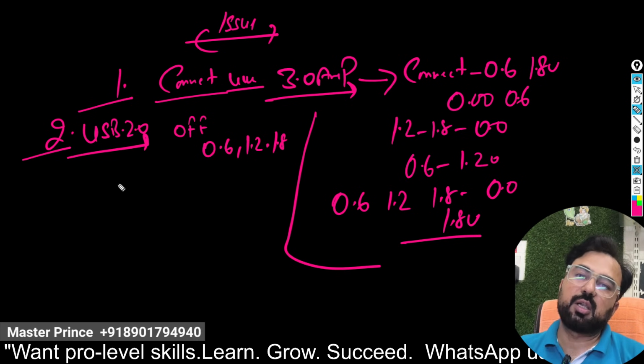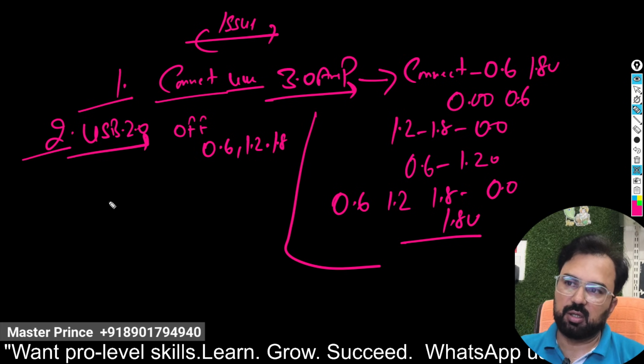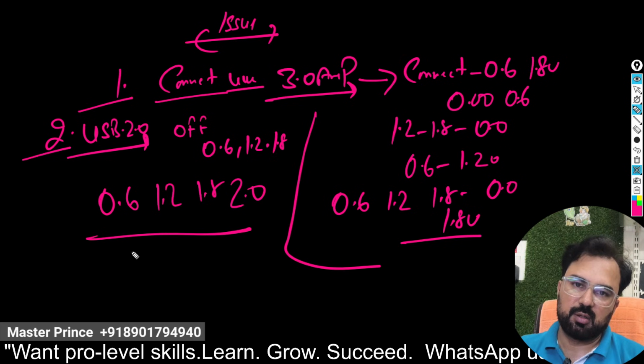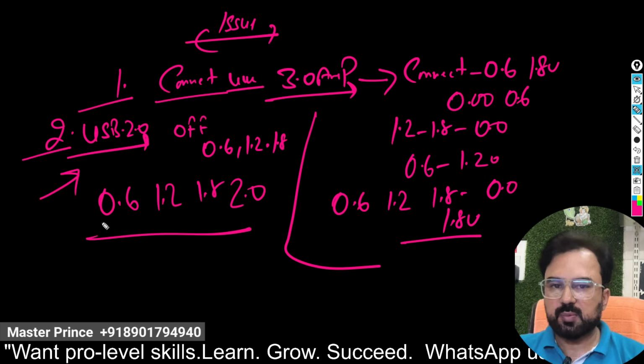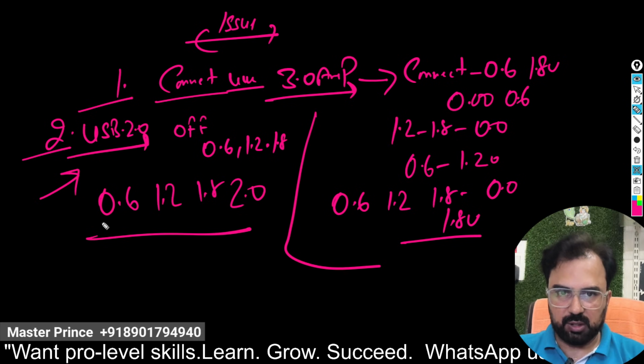After turning on, when you connect it, it will also charge properly: 0.6, 1.2, 1.8, 2.0. There is no connect, disconnect error when you connect with the 2 ampere charger. Now, why this problem?